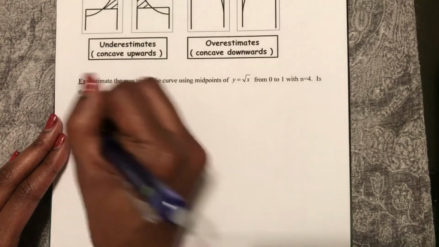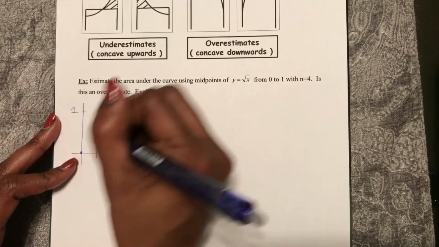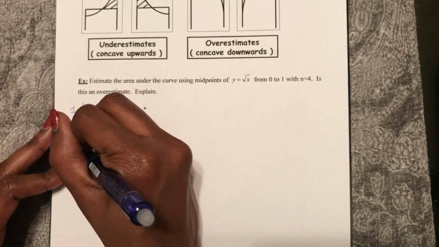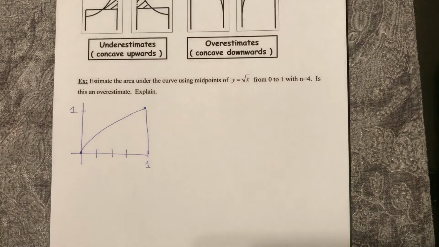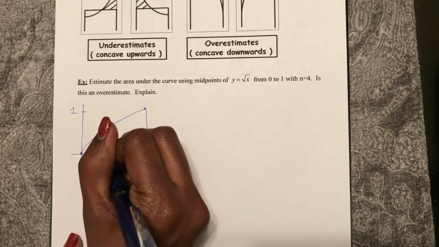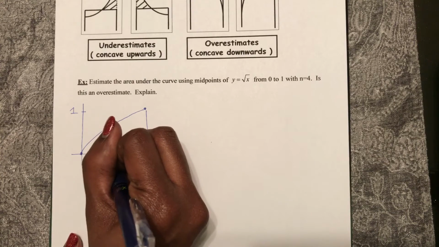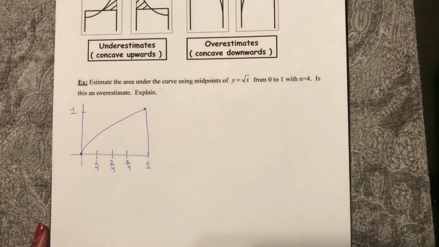We're going to break that into 4 increments. It goes from 0, 0 to 1, 1. This is the area we're looking for. Once again, you don't have to draw a sketch every time. I'm going to, just because this is brand new. So I know that this is 1/4, this is 2/4, 3/4, and 1, which is 4/4.